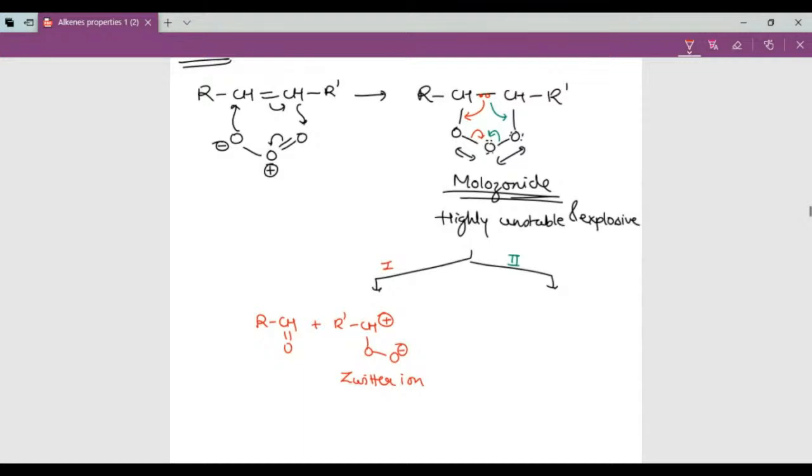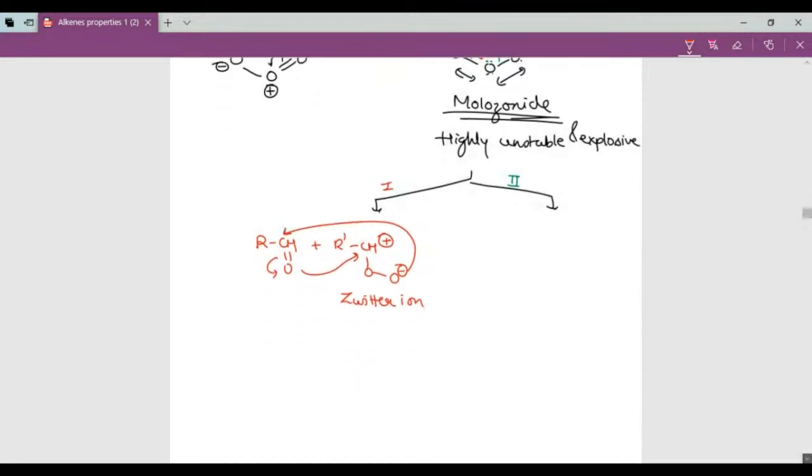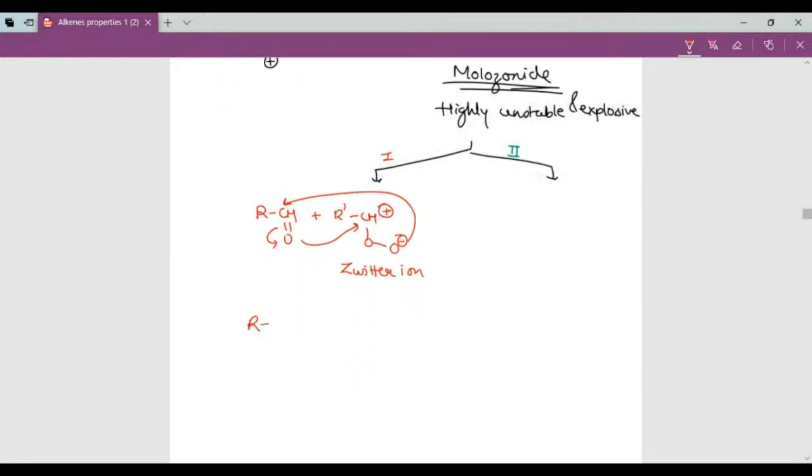Now this Zwitter ion will definitely have nucleophilic addition like this on the other part. And what we'll have is RCHO, this oxygen is here, CHR'OO. This is what is given in NCERT directly from alkene and ozone.